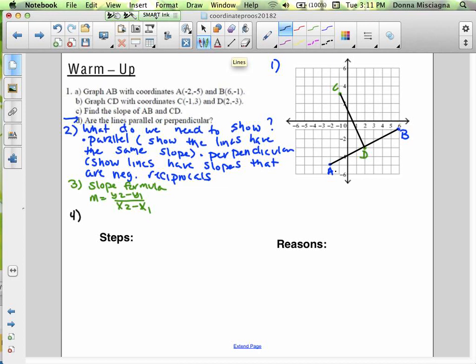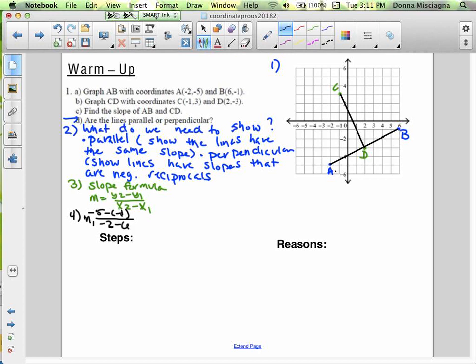All right, so let's find the slope of AB first. I'm just going to go from left to right. So negative 5 minus a negative 1, and I'll just call this slope 1, over negative 2 minus 6.